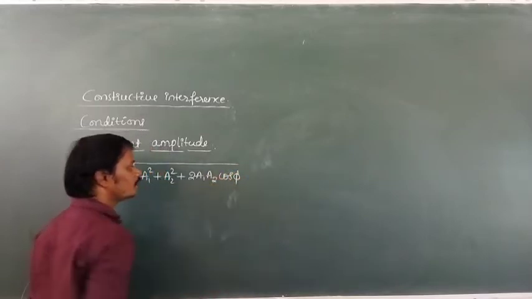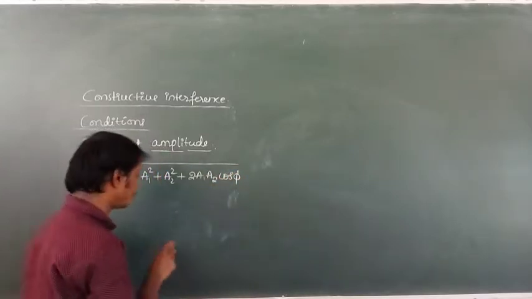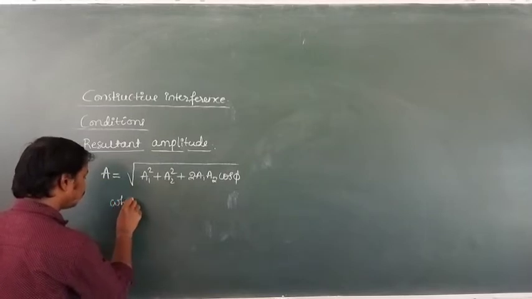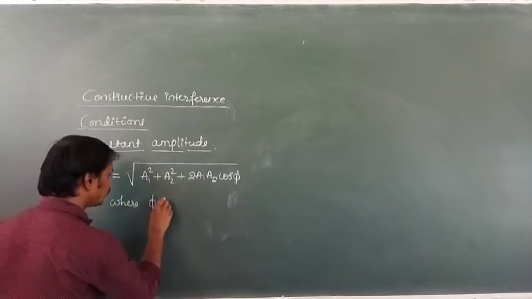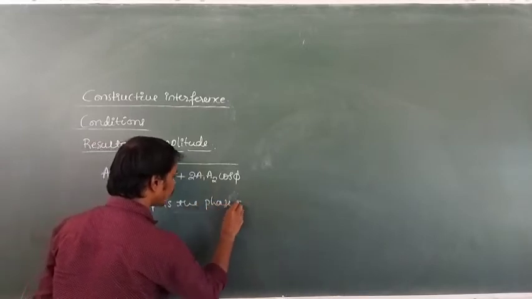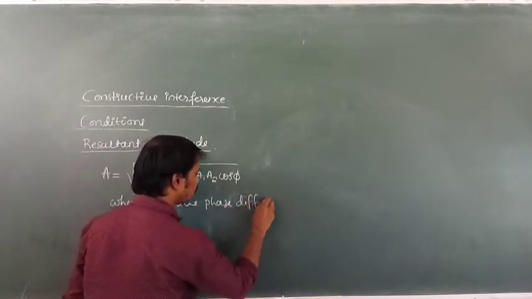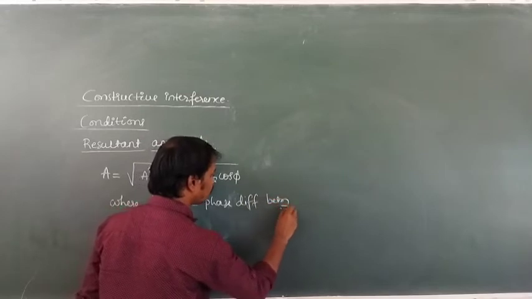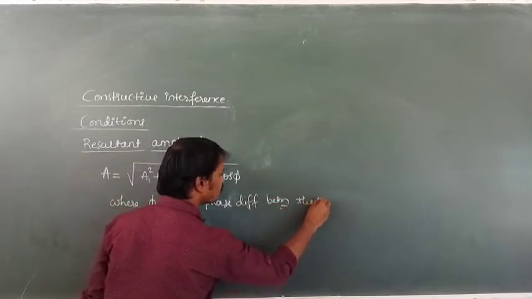What is phi here? Phi is the phase difference between the waves.